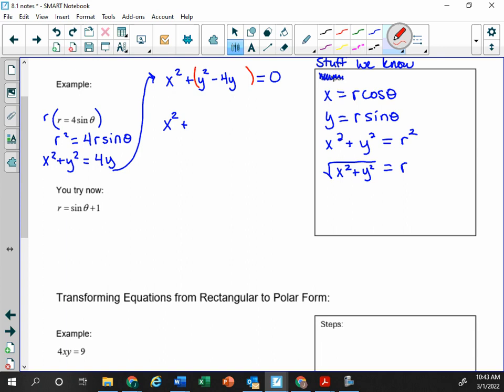The coefficient on y, I take that coefficient and I divide it by 2, and then I square it. So what is 4 divided by 2 squared? Okay, that's the magic number I'm adding there and to the other side of my equation.